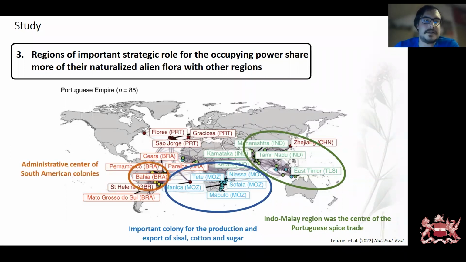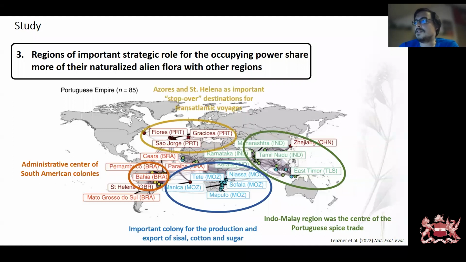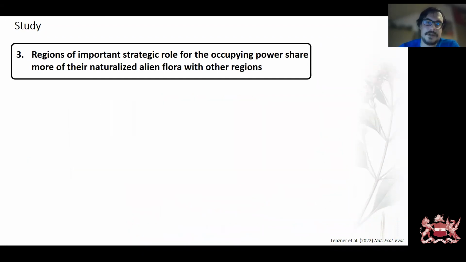We see the central regions in Brazil, where Bahia was the administrative center of the South American colonies back then. And also what makes sense is finding islands like the Azores or St. Helena down here, which were important stopover destinations for transatlantic voyages.